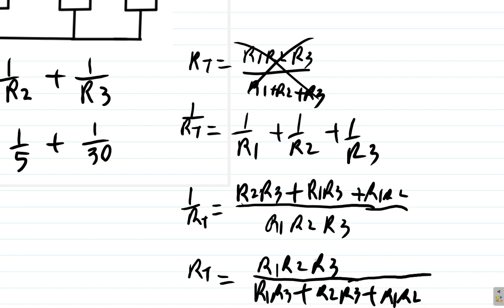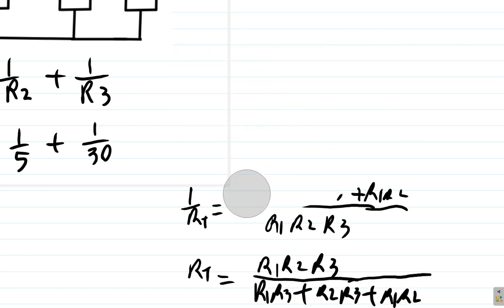And it would be somewhat complicated to remember and also to work out. So we'll just stick with 1 over RT is 1 over R1 plus 1 over R2 plus 1 over R3. Let's erase these things over here.